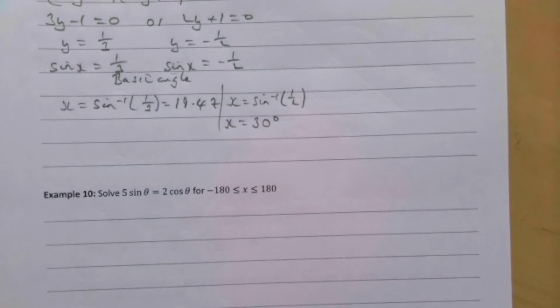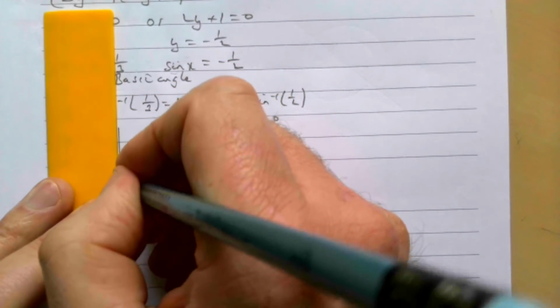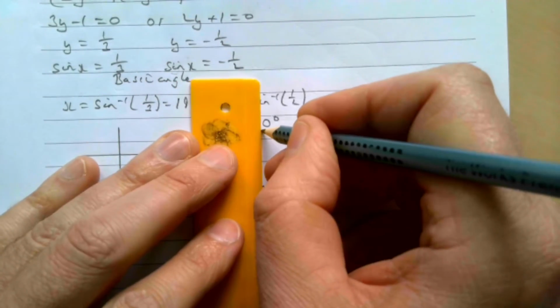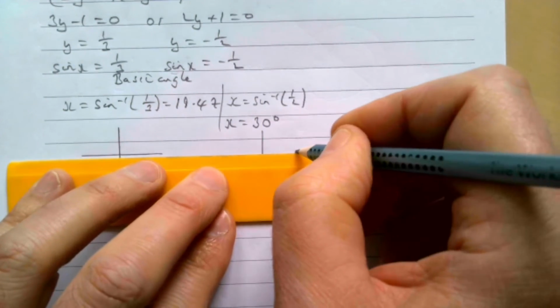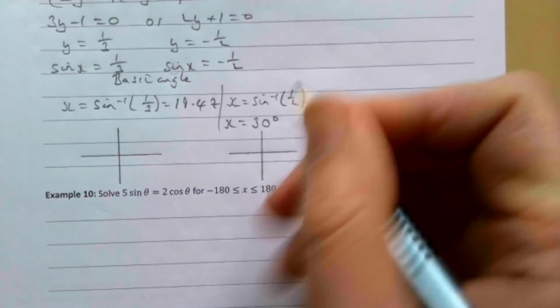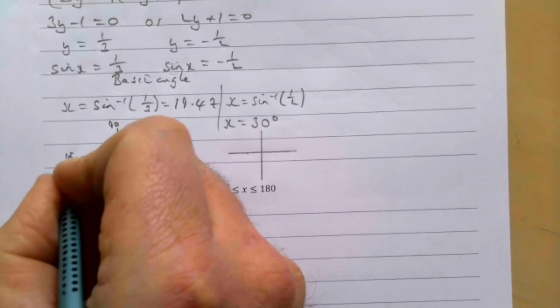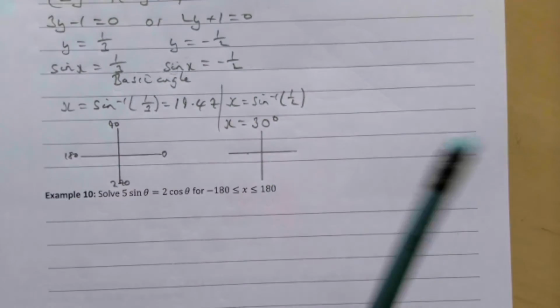So I guess I'll do two tiny wee CAST diagrams down here. There's not a whole lot of space in these. I'd probably like a little bit more space, but that's okay. 0, 90, 180, 270. Oh, we're doing it the other way around, aren't we?